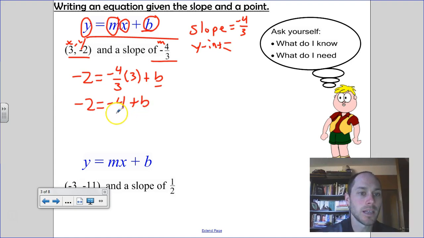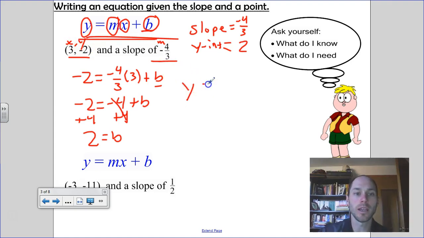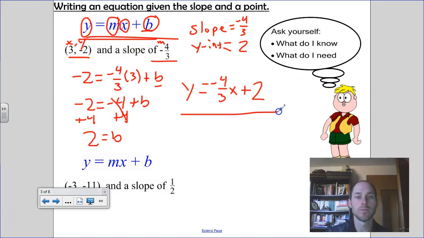Now to get b by itself, I add 4. And once I add 4, I'm left with b equal to negative 2 plus 4, which is 2. Okay, so now I know the y-intercept is 2. So now I can figure out my equation. y equals negative 4/3 x, where negative 4/3 is my slope, plus 2.